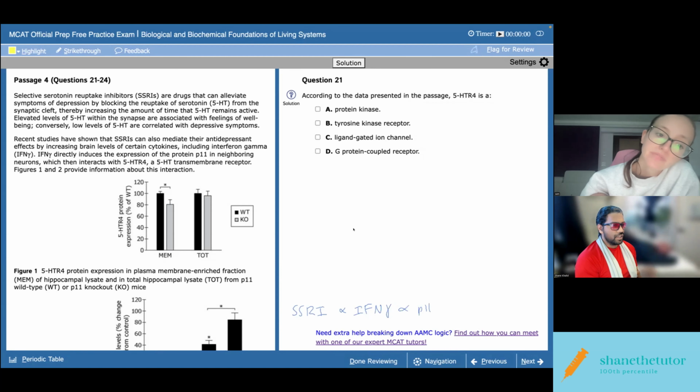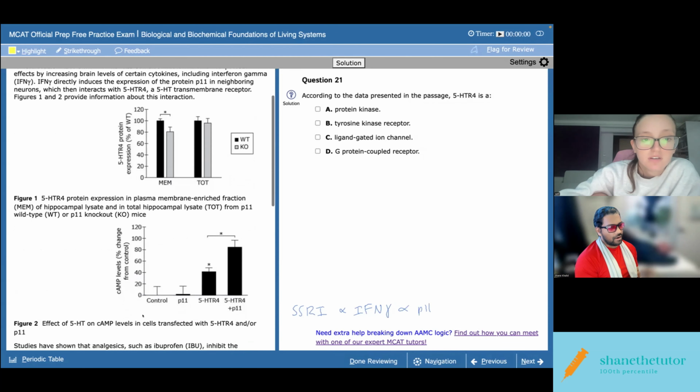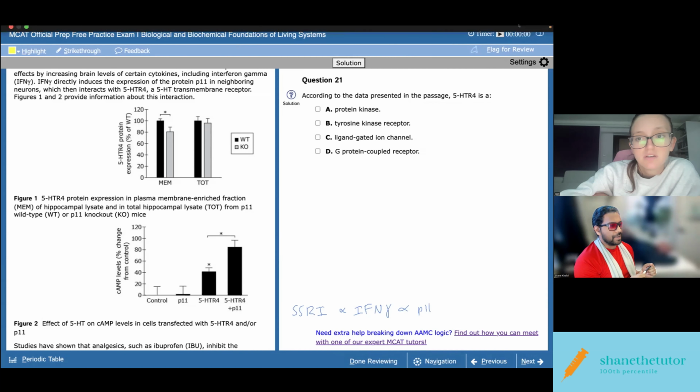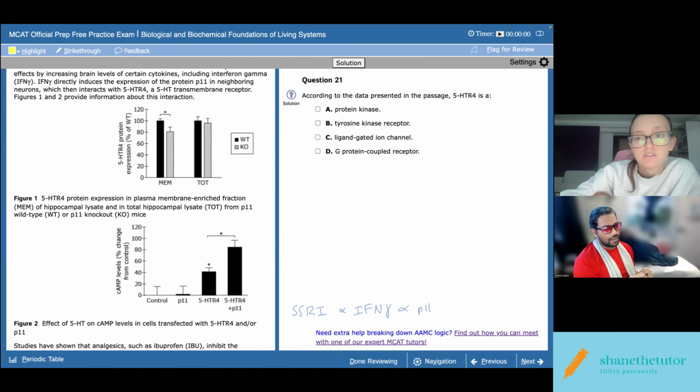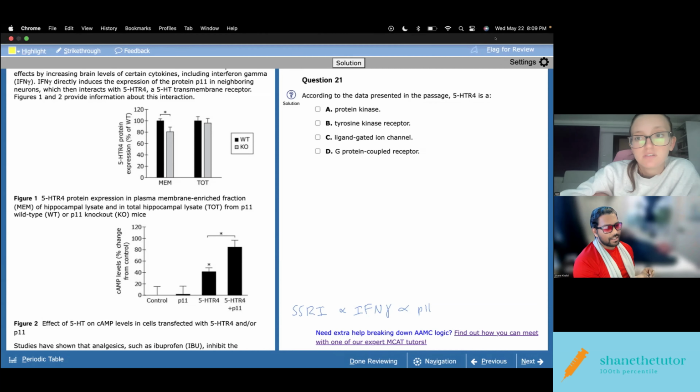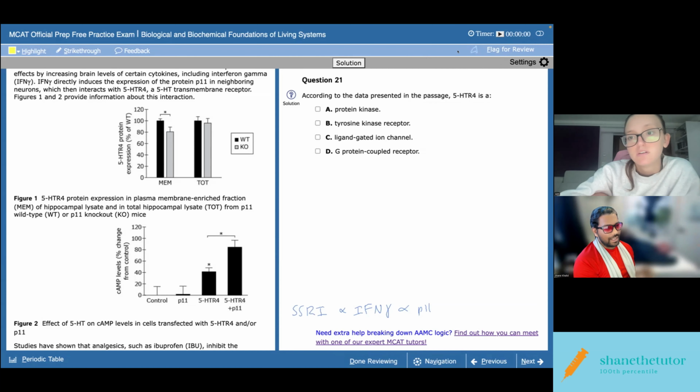Good job. So figure 1: 5-HTR4 protein expression in plasma membrane enriched fraction, MEM, of hippocampal lysate and total hippocampal lysate, TOT, from P11 wild type, WT, or P11 knockout, KO.